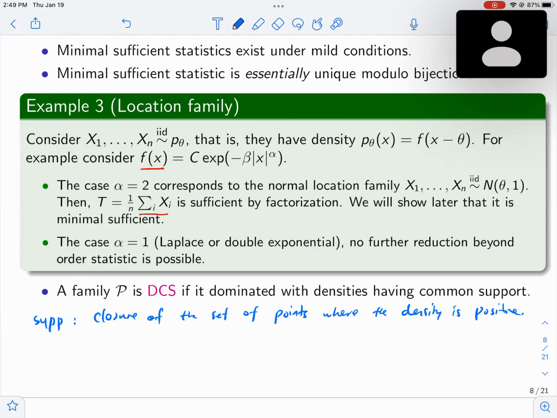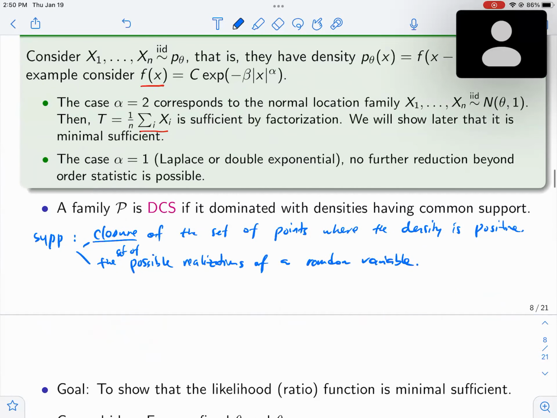And what was your answer? The possible realizations of a random variable. In this course, both are okay, they have the same meaning. The first has a little bit more math in it, the closure. I'm going to go with that definition first.